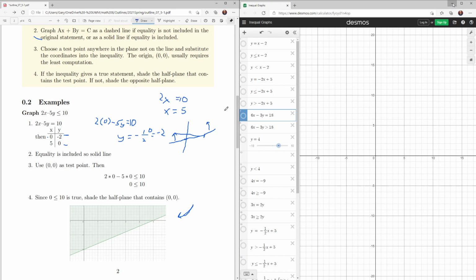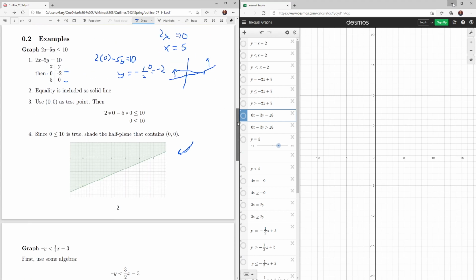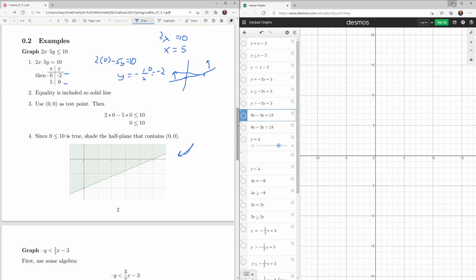Let's try another example. This time we're going to graph minus y is less than 3 halves x minus 3. So let's use a little bit of algebra to simplify this up a little bit. We'll get the x and the y on the same side of the equation.